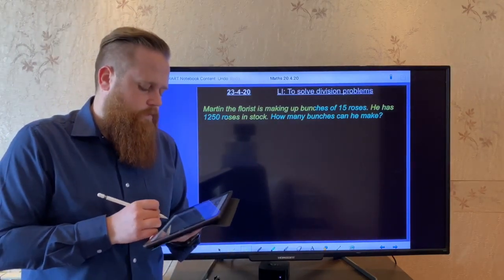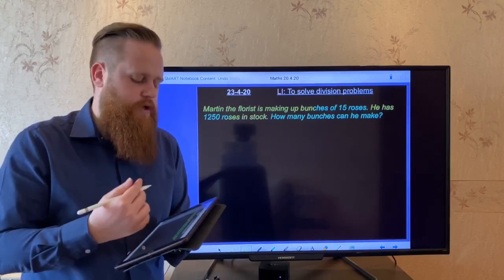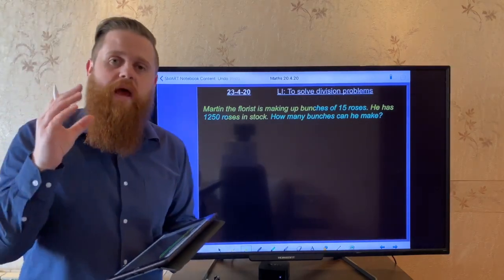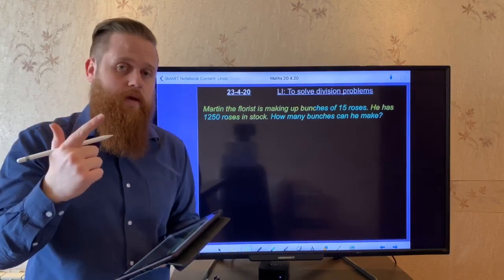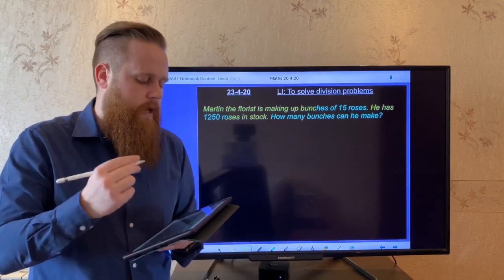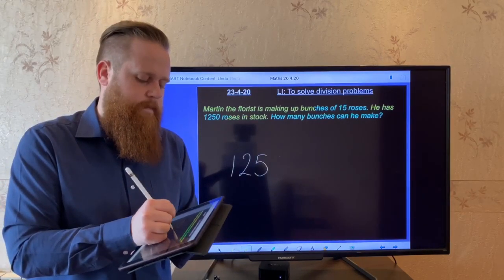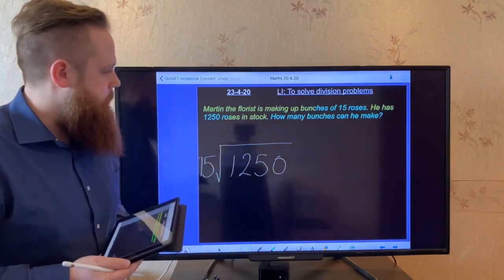So, what you should have done now is drawn out whatever method that you are using. Now, I'm going to use my trusty bus stop method, but again, use whatever method gets you the correct answer. If it gets you the correct answer and it is quick, that is fine by me. So I'm going to do 1,250, and that is being divided by 15, okay?